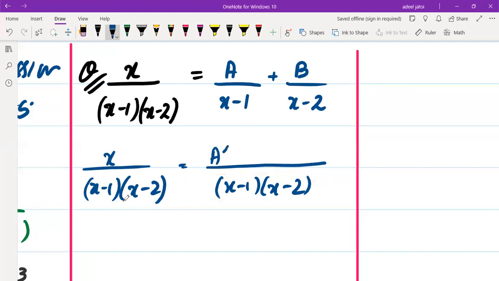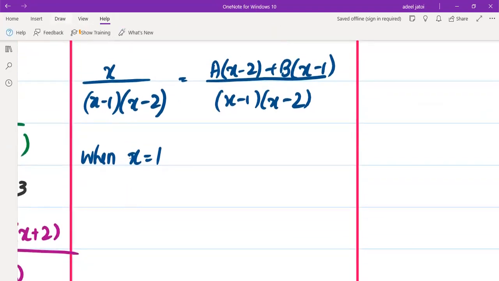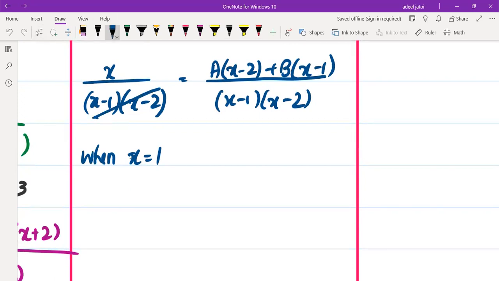So a becomes x minus 2 plus b will be multiplied with x minus 1. Now knowing the fact that x minus 1 is there, the first value would be when x is equal to 1. So considering that x is equal to 1, your denominators will be cancelled out.